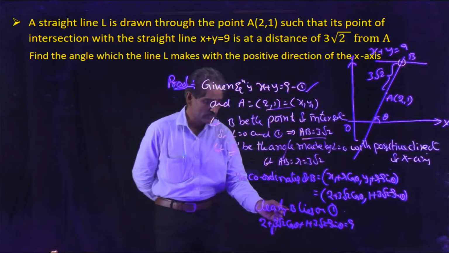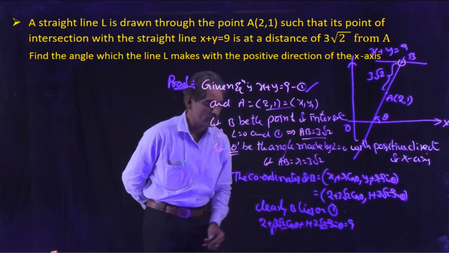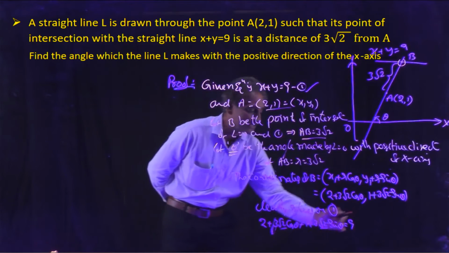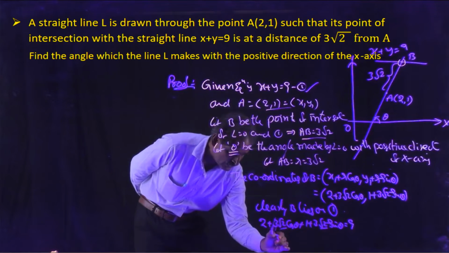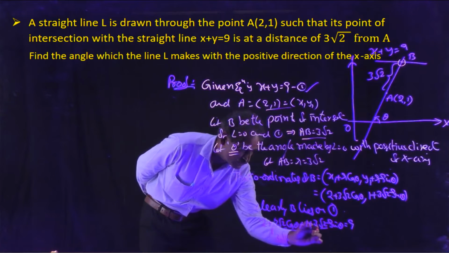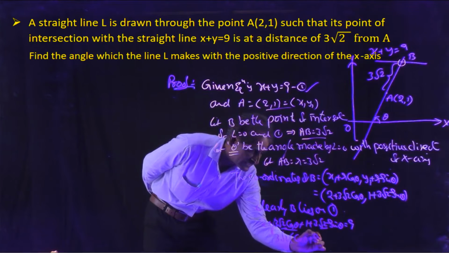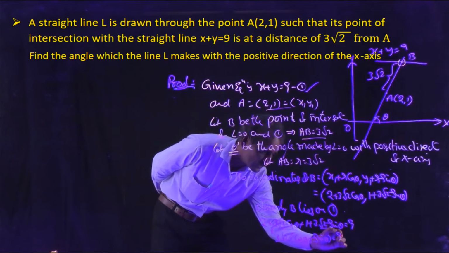Now observe that there is a common 3 root 2 in these two terms. 2 plus 1 is 3, and 9 minus 3 is 6. Take 3 root 2 common from these two terms: 3 root 2 into (cos theta plus sin theta) is equal to 9 minus 3.